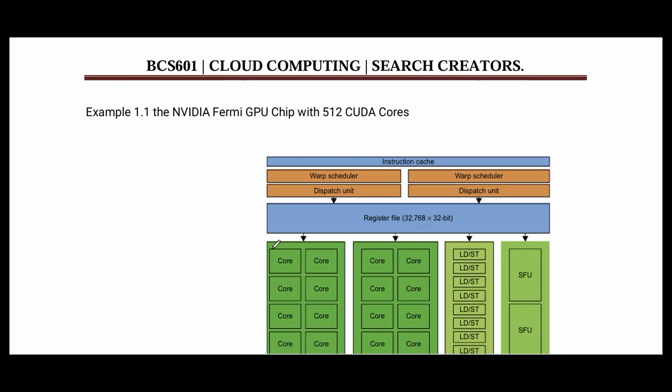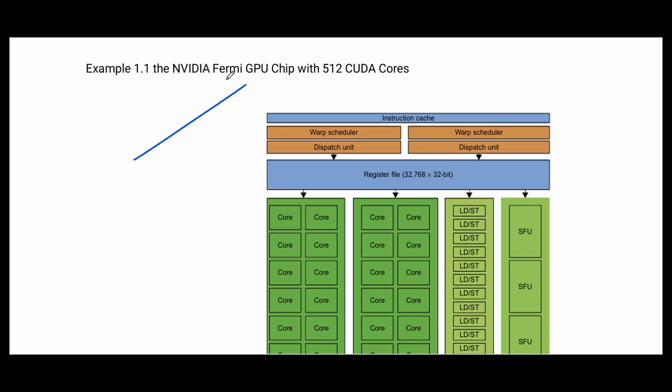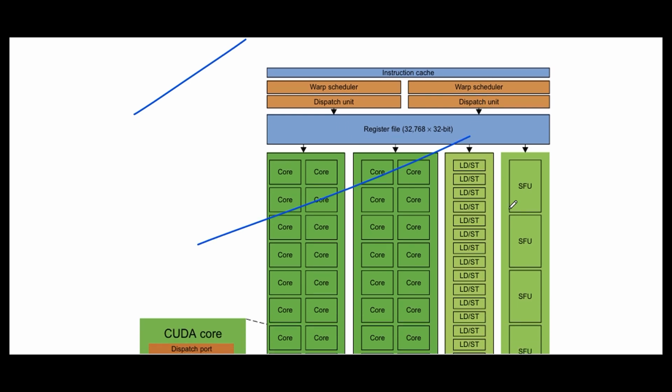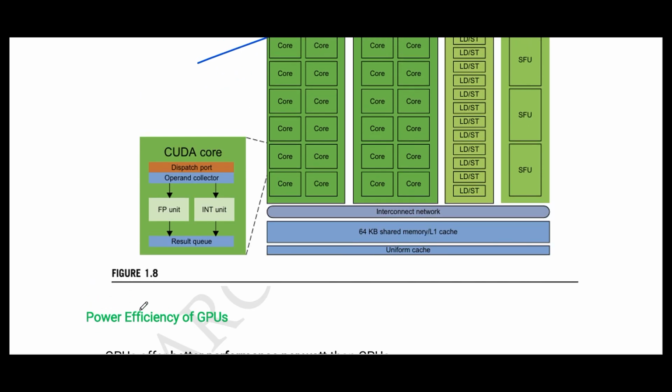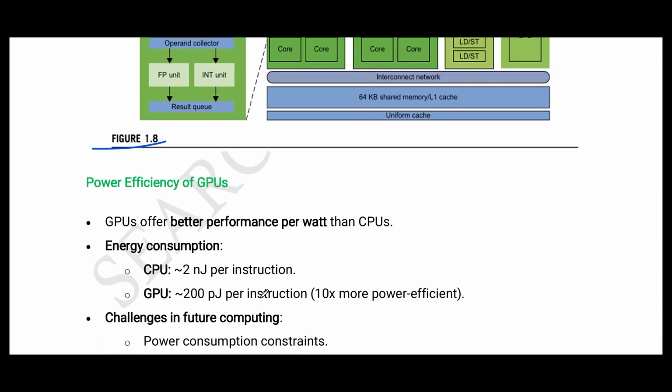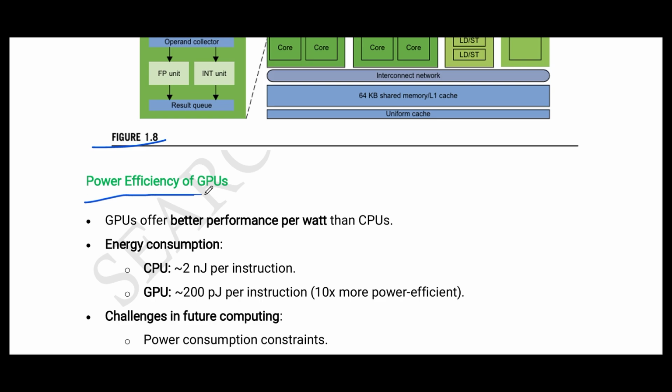There is one example, the NVIDIA Fermi GPU chip with 512 CUDA processors. This is the diagram for it, figure 1.8.